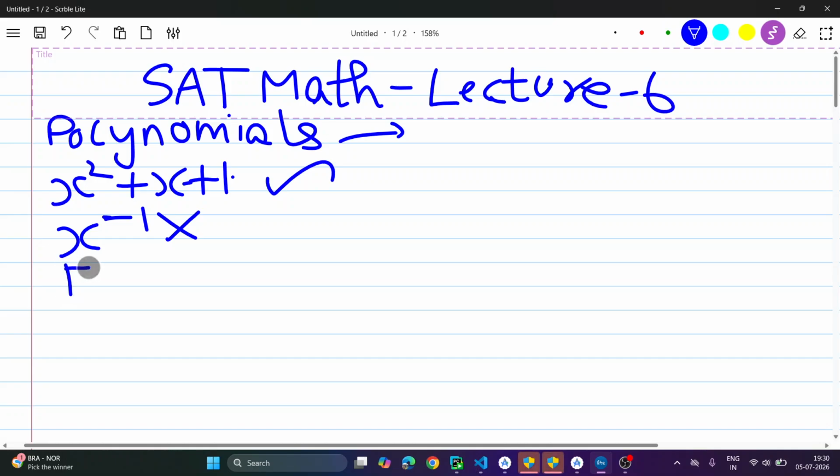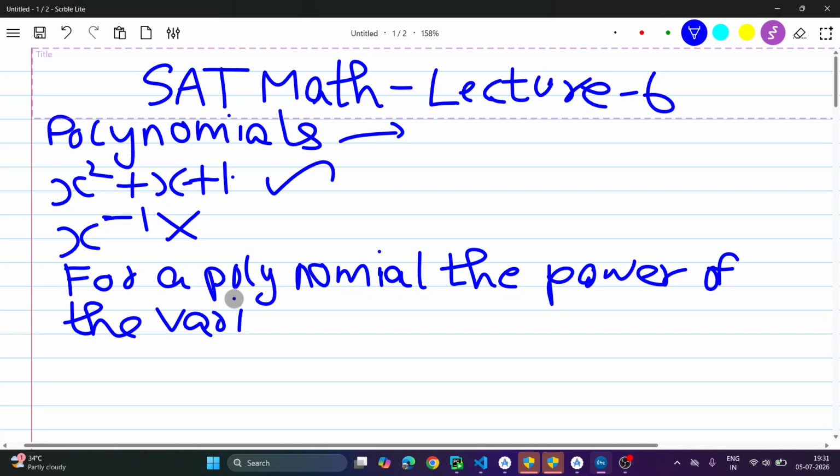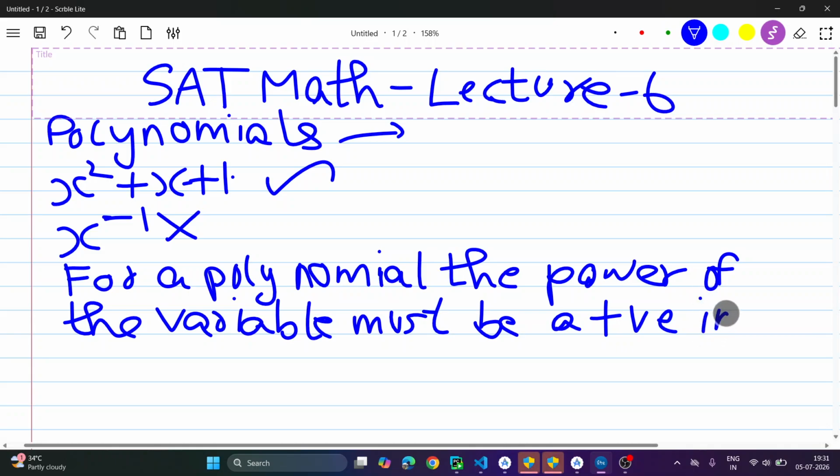For a polynomial, the power of the variable must be a positive integer or 0.